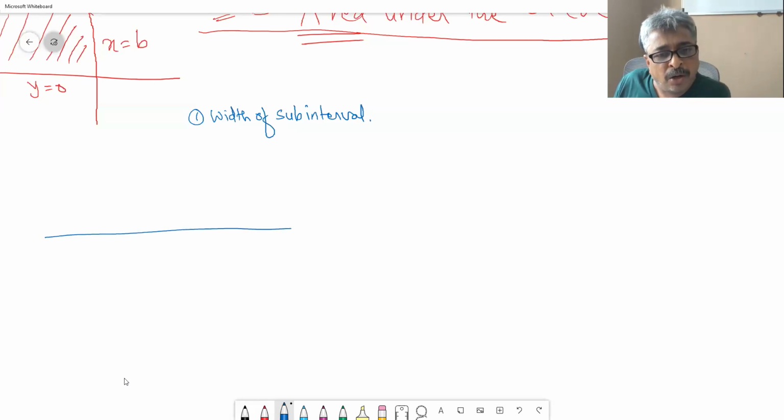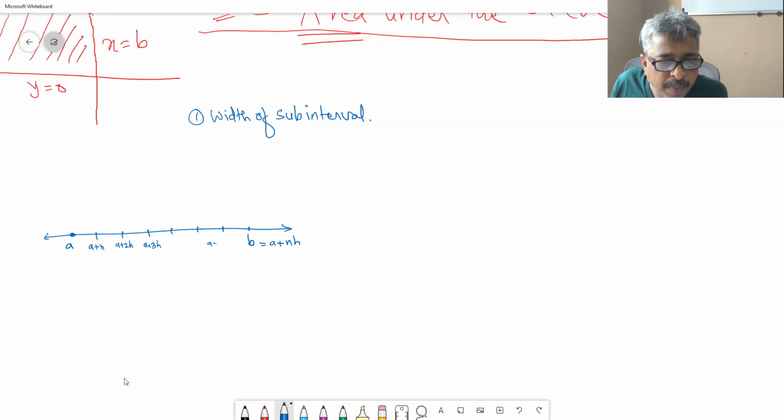So now let me draw a number line again. Let me write down, this is A. 1, 2, 3, 4, 5, 6, maybe. This is B. So if this is A, I will say this is A plus H, A plus 2H, A plus 3H. And this last one is going to be A plus NH.